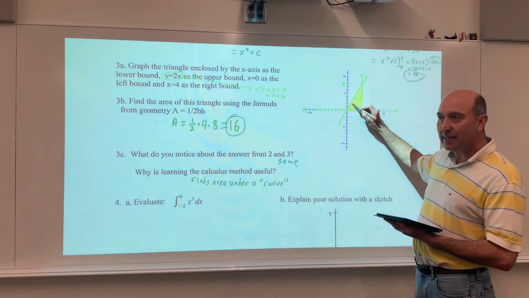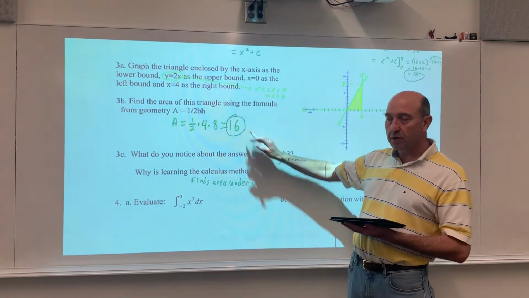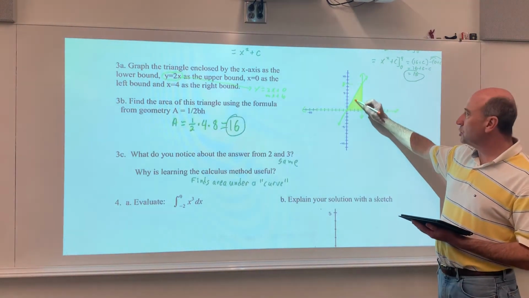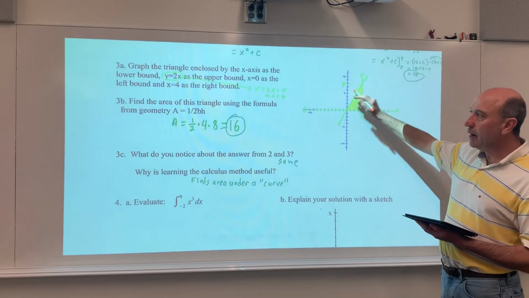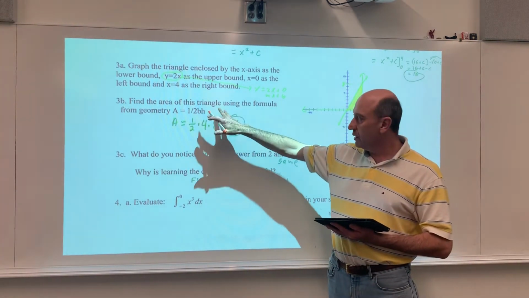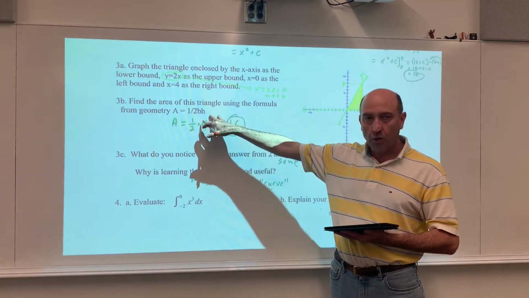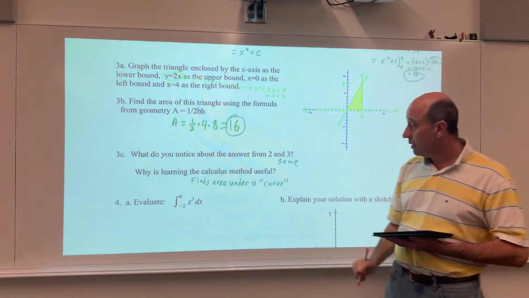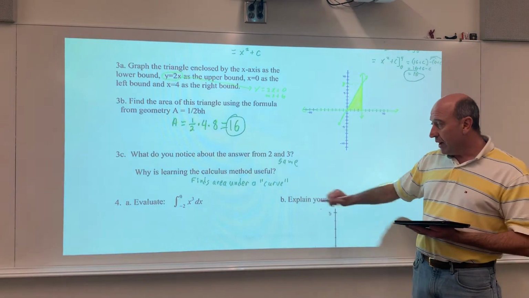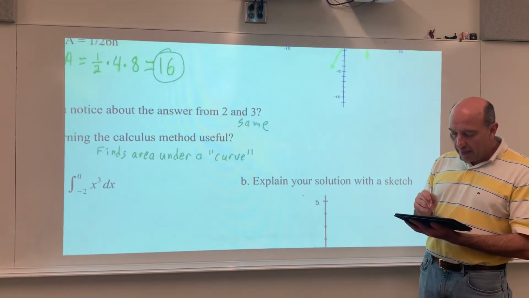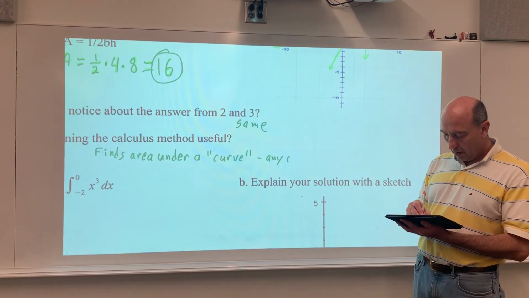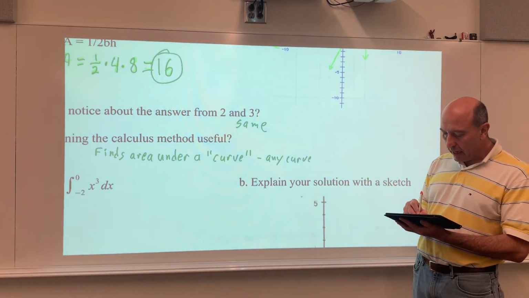So we didn't need calculus. Geometry worked fine. But what if this top bound was curving? Then geometry wouldn't work, because geometry formulas only work when there's straight lines, like rectangles, parallelograms, triangles. So this method finds the area under a curve, and this is any curve, not just a straight line.